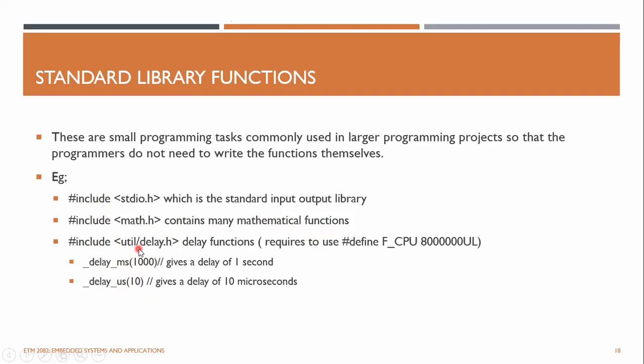But you have to include the util/delay.h library, then only it will do the job. At the same time, you have to define your CPU clock speed. So you have to include this library, and then define your CPU clock speed. If you do these 2, then you can use the delay function. Otherwise, the compiler will generate some errors.